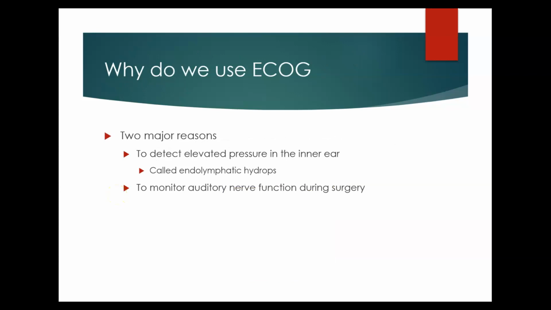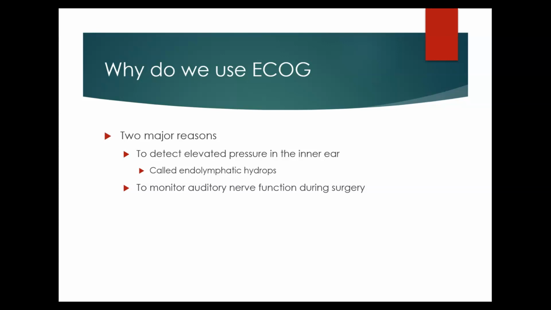There are two major reasons why we use ECOG clinically. The first is to detect elevated pressure in the inner ear. That elevated pressure is referred to as endolymphatic hydrops.